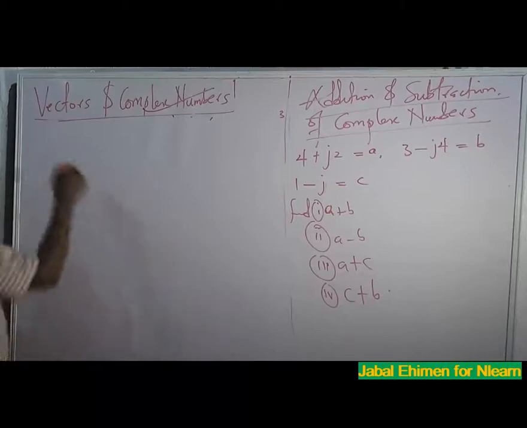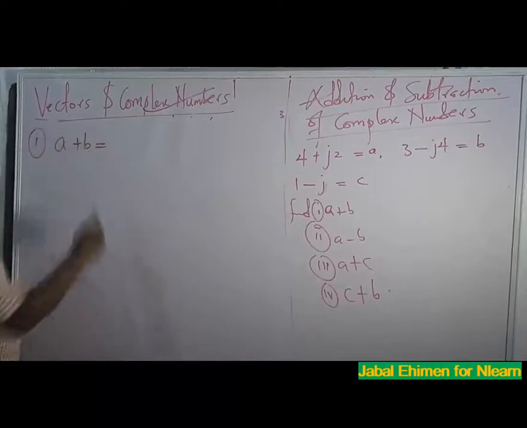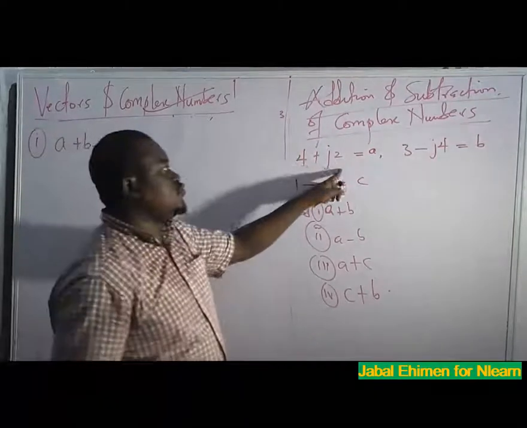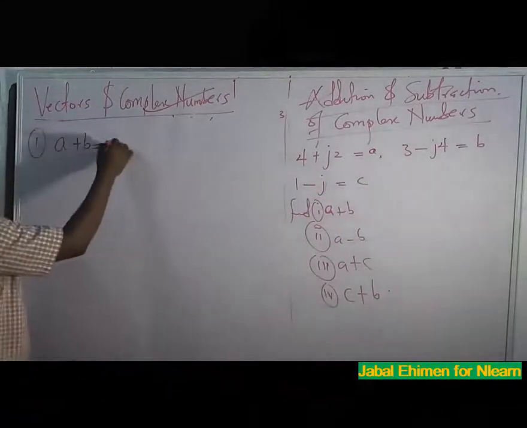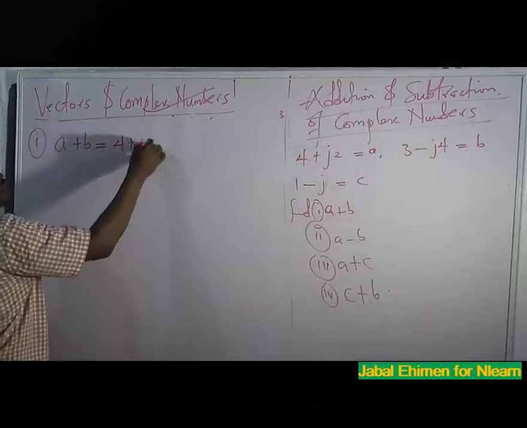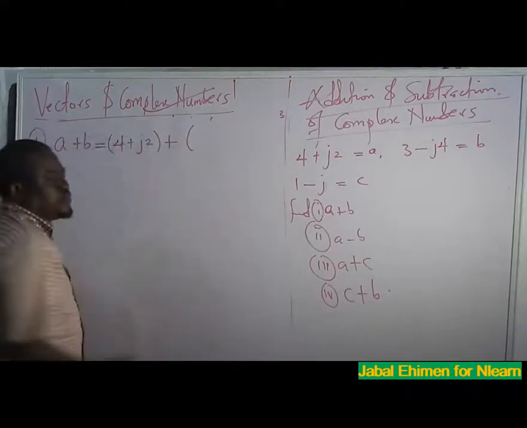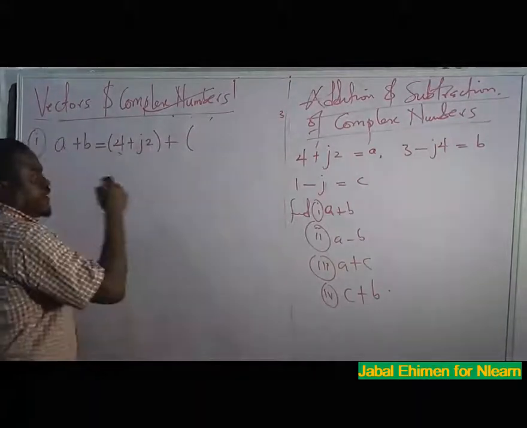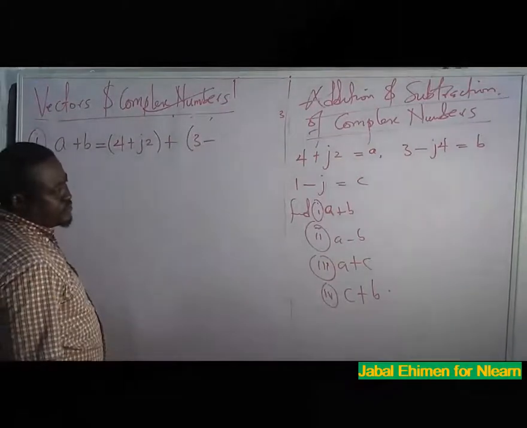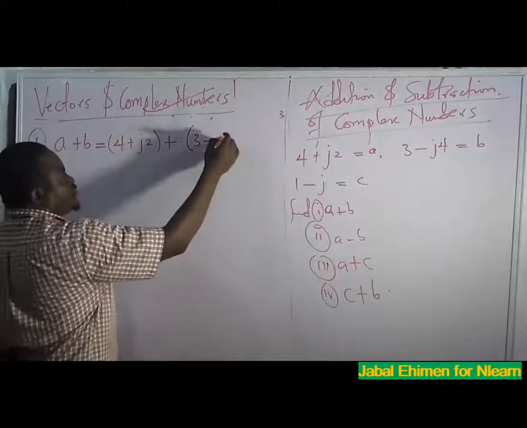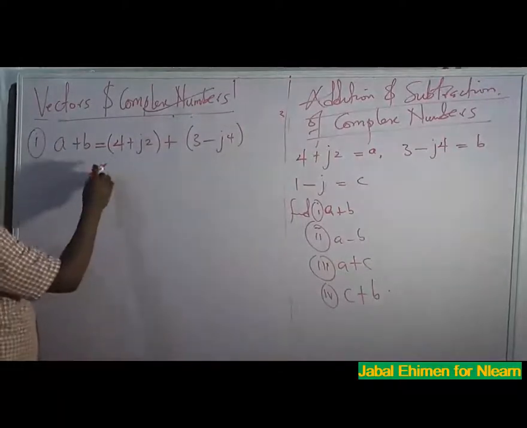So from here, A plus B. The A value will be 4 plus j2. Okay, let me use a bracket plus, and what's the other one again? 3 minus j4.